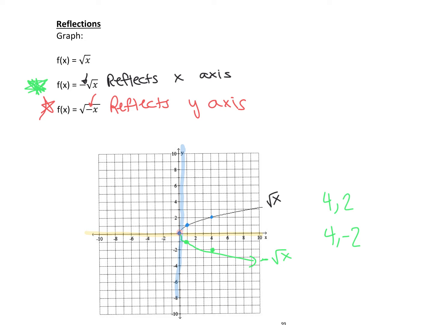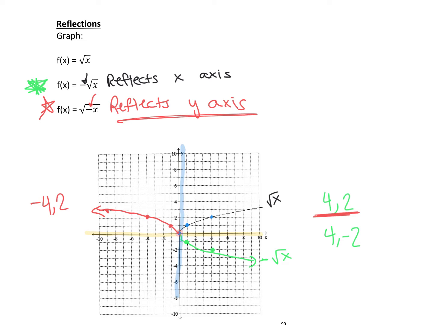I'll still have my ordered pair at 0, 0, but instead I'll have an ordered pair at negative 1, positive 1, then an ordered pair at negative 4, positive 2, and then at negative 9, 3, and so it would look like this. So that ordered pair 4, 2 would be transformed to negative 4, 2.